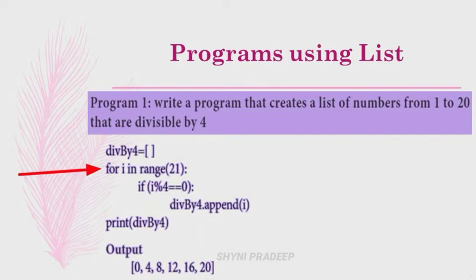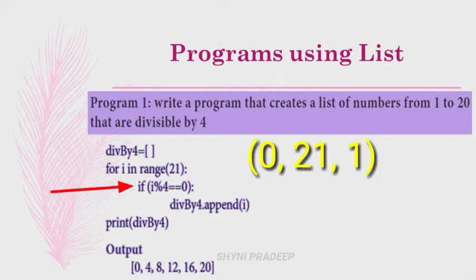The initial value and step value are not given, so you have to assign the defaults. The default start value is 0, the last value is given here, that is 21, and the default step value is 1.